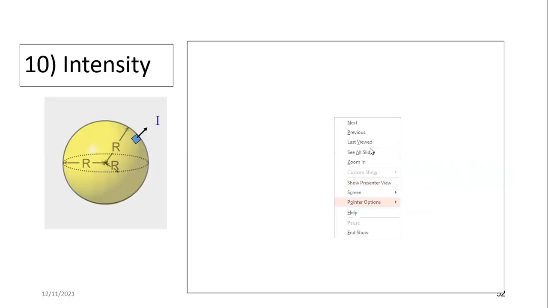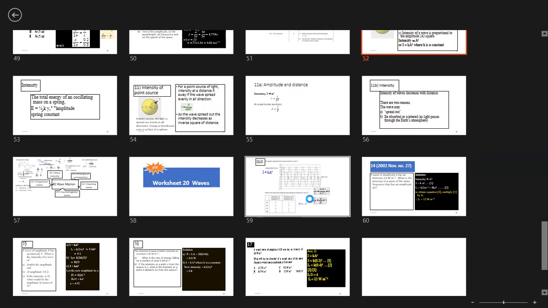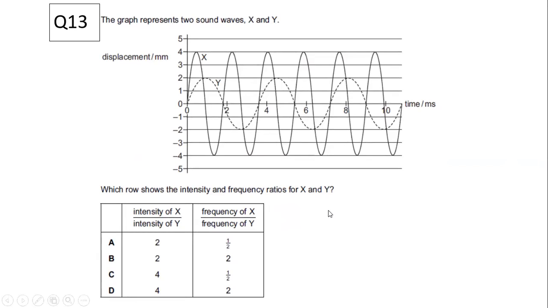Okay, let's go to intensity. You should be able to read the graph. Which row shows the ratio of intensity and frequency of x and y? That's how you calculate your intensity. So you want Ix over Iy, which is k A squared. It doesn't matter. 4 squared is 16, and this is 2 squared, 4.